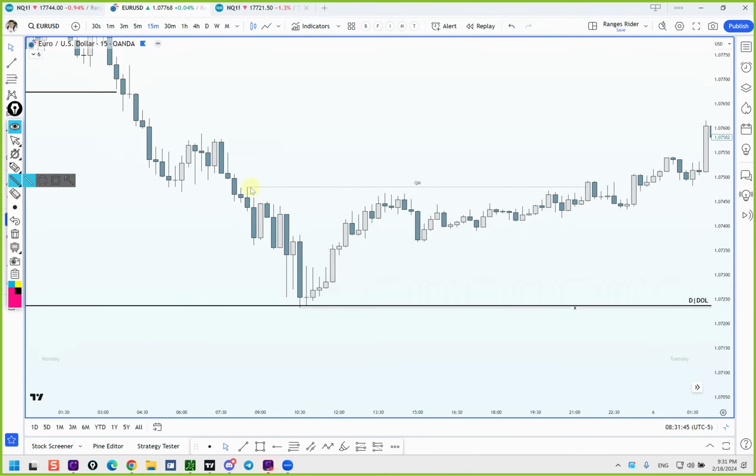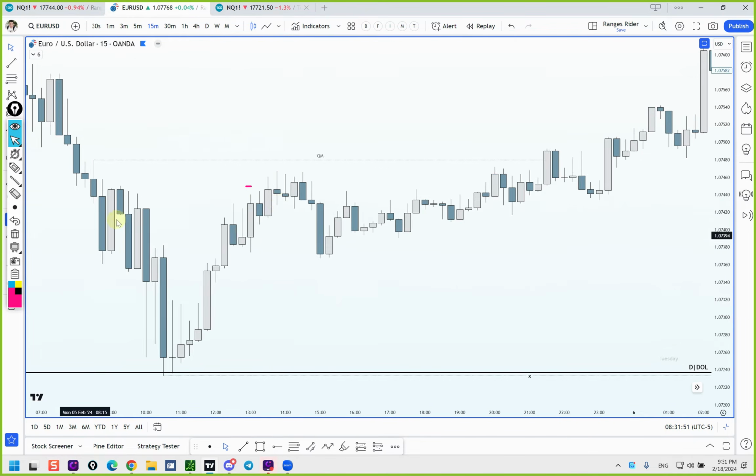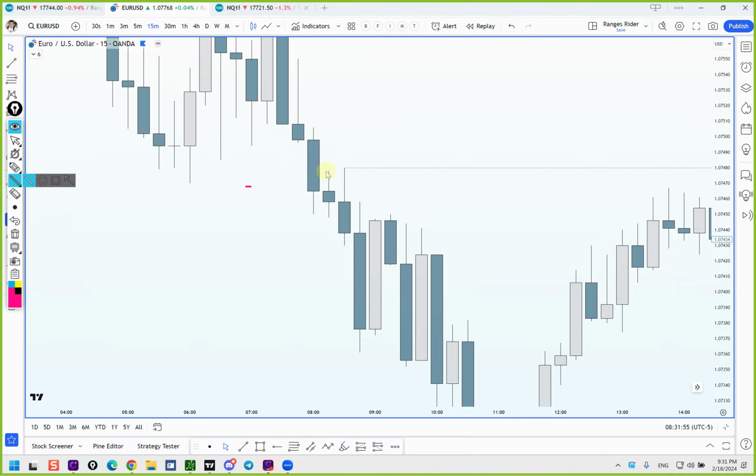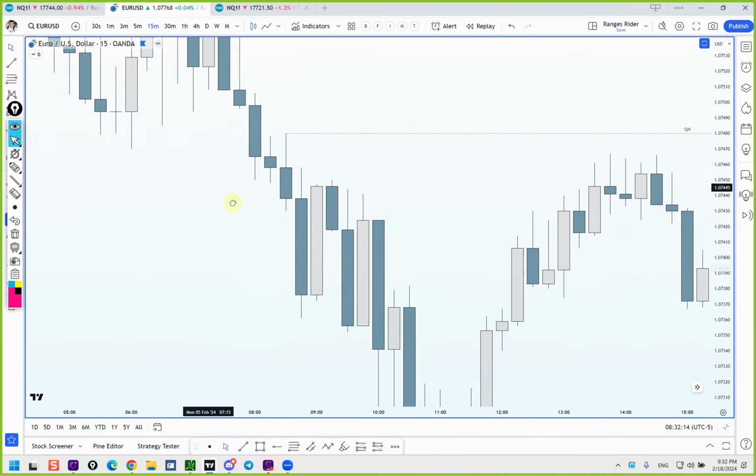And finally we have here the valid pullback. Let me zoom out a little bit. If you see, we are coming something like this, and like this, and this is not an inside bar. That's why we can use this high. Once this high is taken out, the first element is completed: the valid pullback.